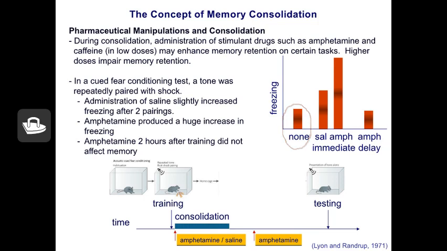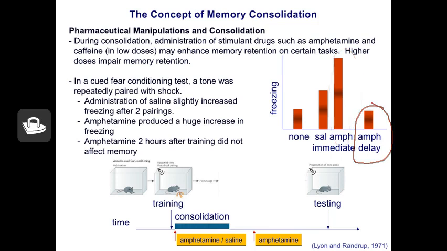And rats that were injected with a very low dose of amphetamine at the beginning of the consolidation period showed significantly more freezing. And if they were injected after consolidation, it had no effect. All of that fits with the story I've been building.